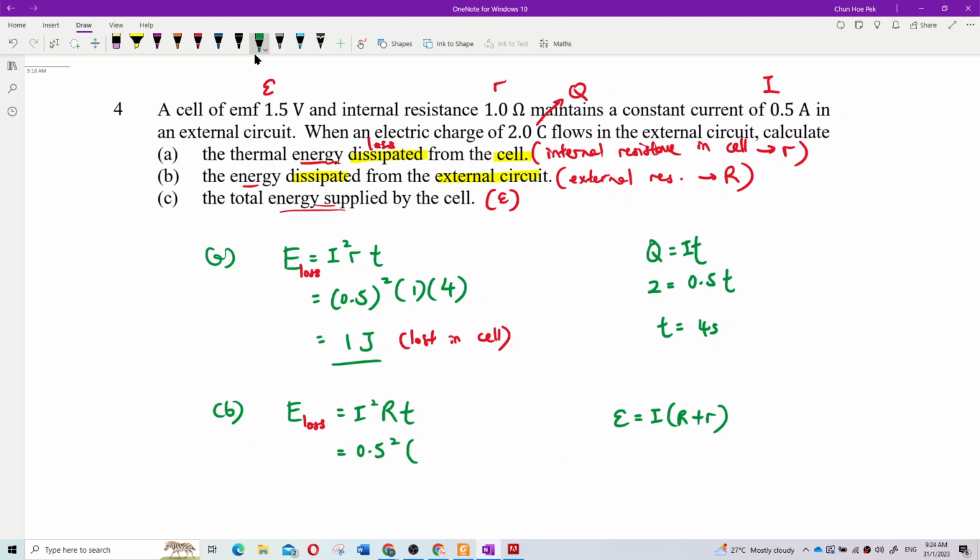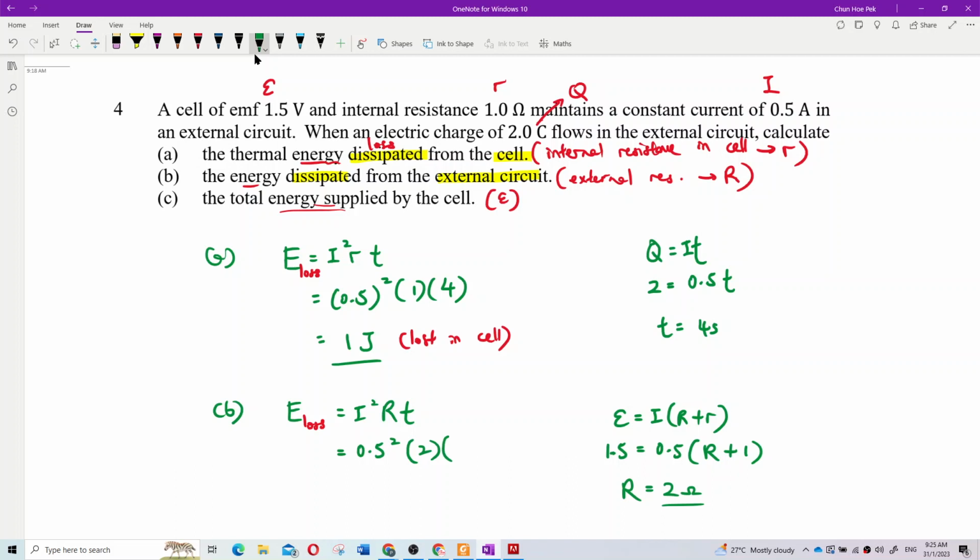So 1.5 equals 0.5 times external resistance plus internal resistance 1 ohm. 1.5 divided by 0.5 is 3, and then minus 1, so the answer is 2. My external resistance is 2 ohm.